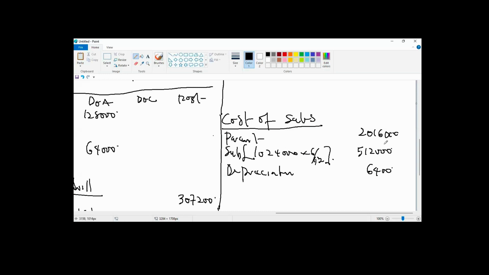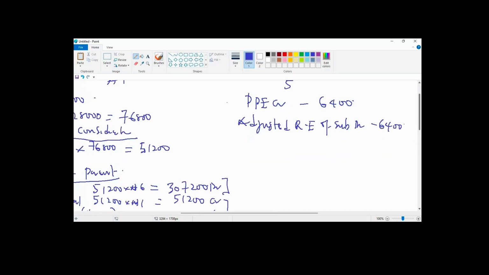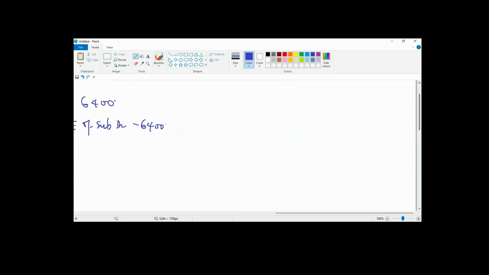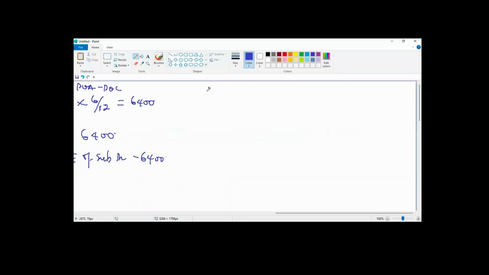Good. Next information. Sales from subsidiary to parent in the post-acquisition period are 256. Total sales 256,000.